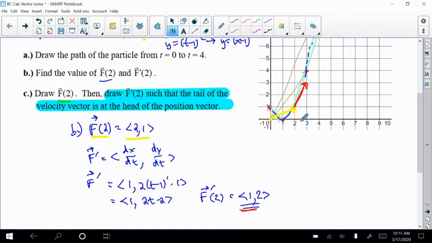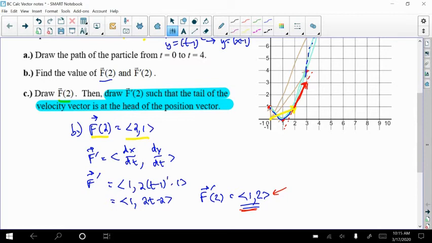I'm wondering if I have mixed up the tip and the tail and the head based on honors pre-calc, but that's okay. And what I want to also emphasize is that since that's really a velocity or a derivative, it should really be the tangent line. So I can see the tangent line at the point of tangency, which is perfect. So again, this has to be drawn at the end of your position vector, and that's its velocity.